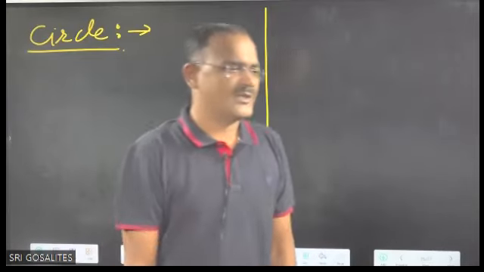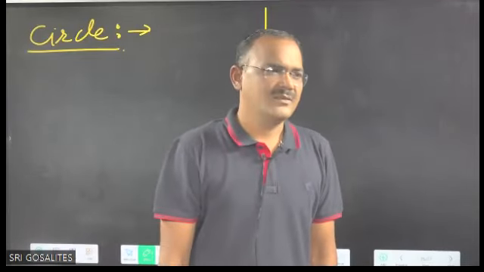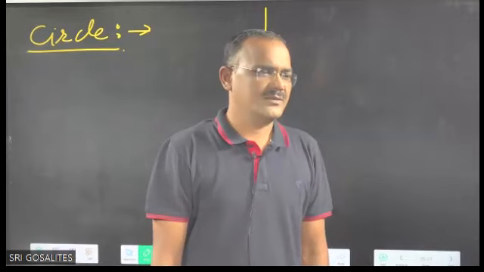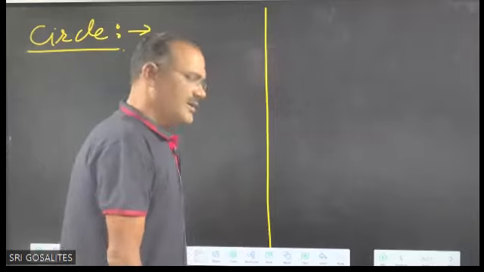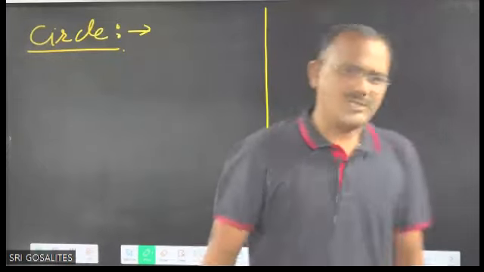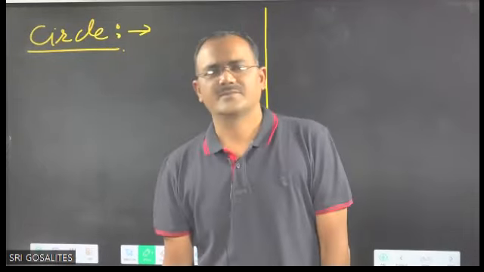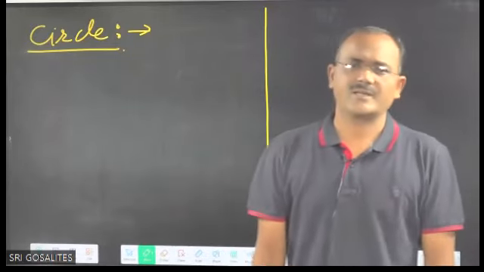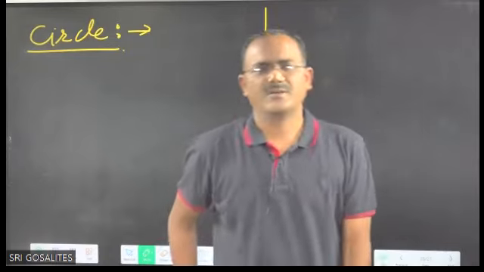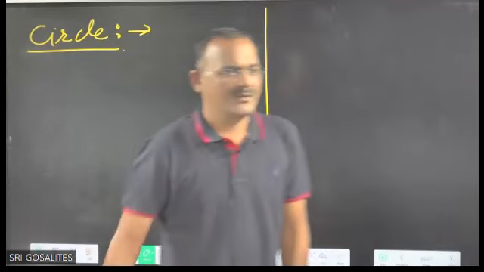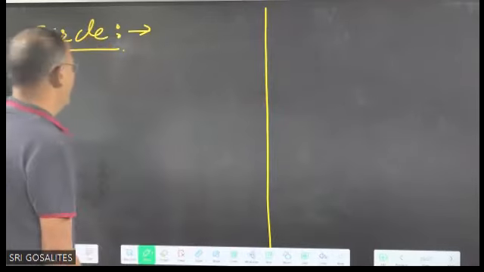All of its points are at equal distance from a fixed point. This point is called the center. And this distance is called the radius. Okay, right. So what is a circle?